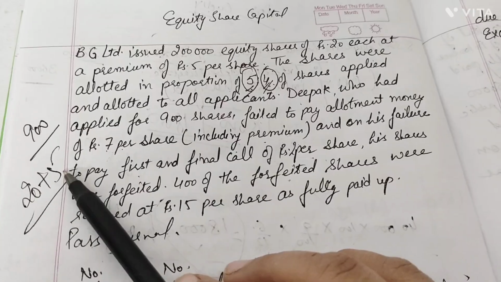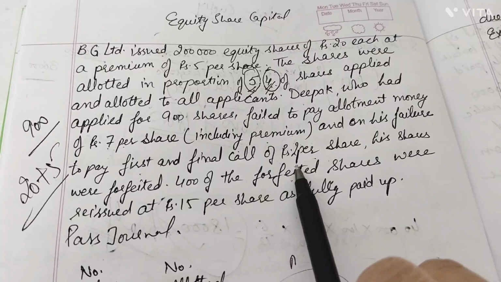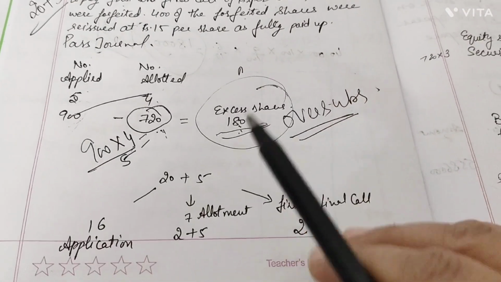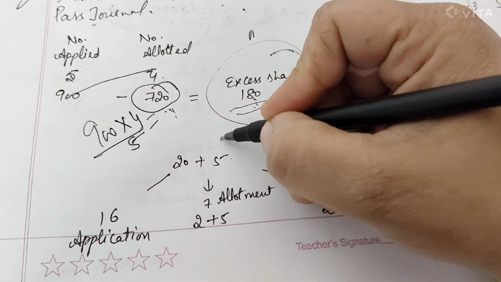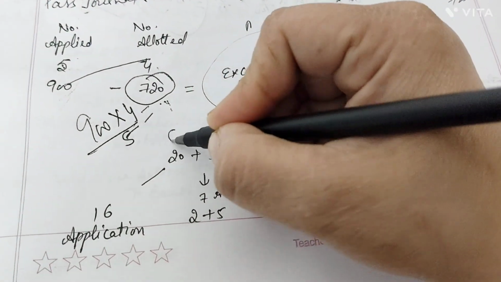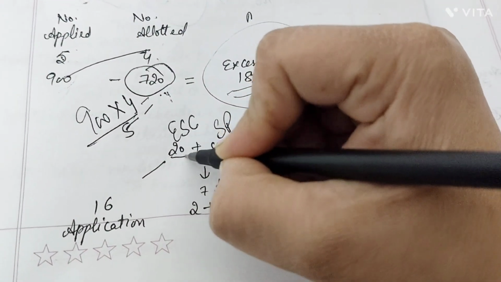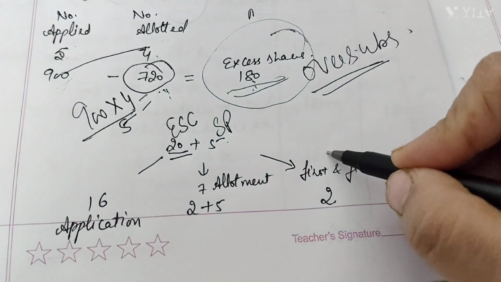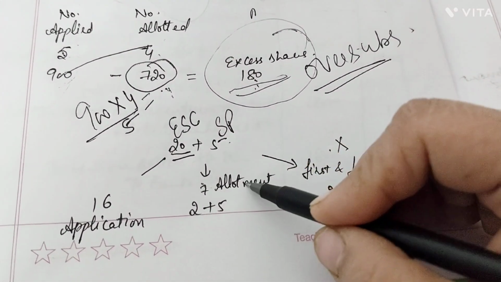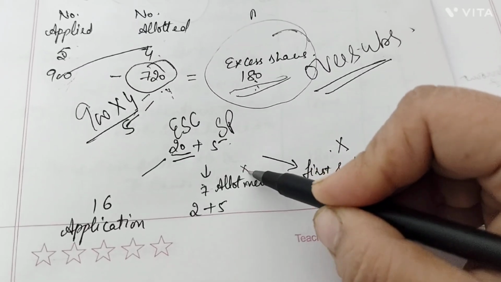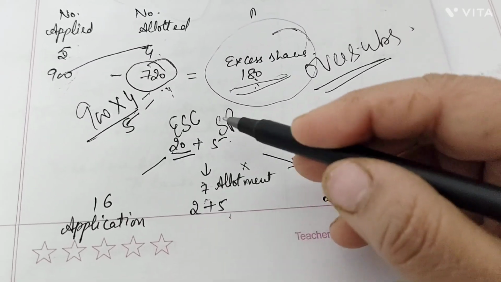That means out of 25, if these 9 rupees were not received, how much was received? That is 16 rupees. So 20 plus 5, where 5 stands for securities premium and 20 stands for equity share capital. The question says the first and final call was not received for rupees 2. The total sum on allotment not received was rupees 7, which includes 5 as premium.